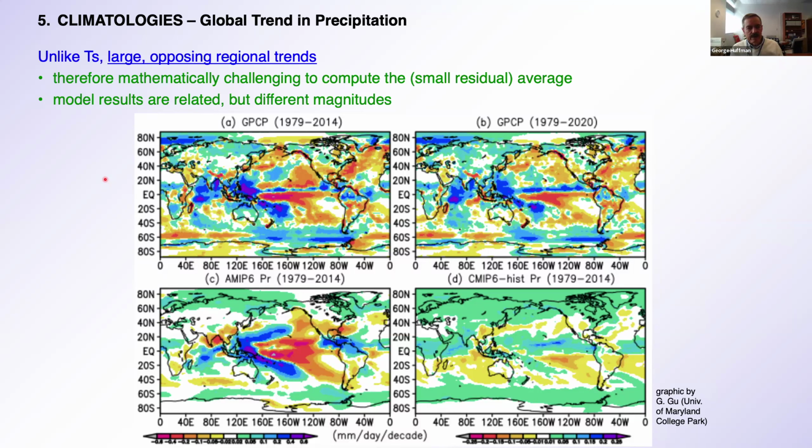And so the basic thing here is that we're right on the ragged edge of being able to say that there is a small global increase in precipitation. We think we have the sign right, but getting the value is really tough. On the other hand, regionally, the changes are pretty big and probably not that bad.